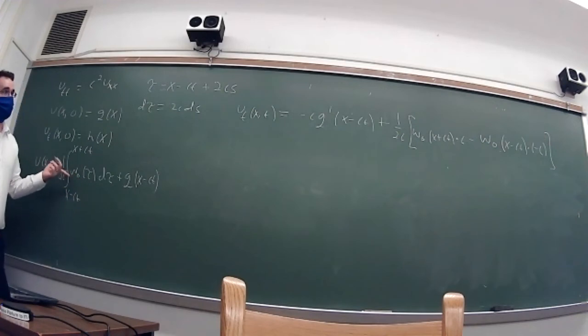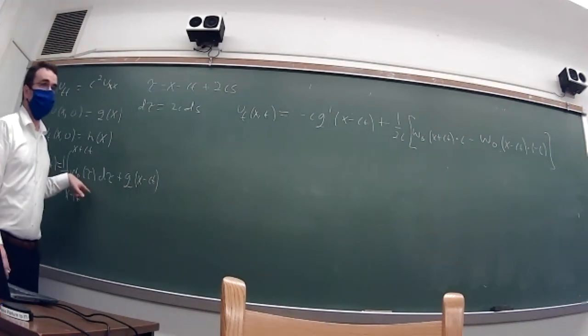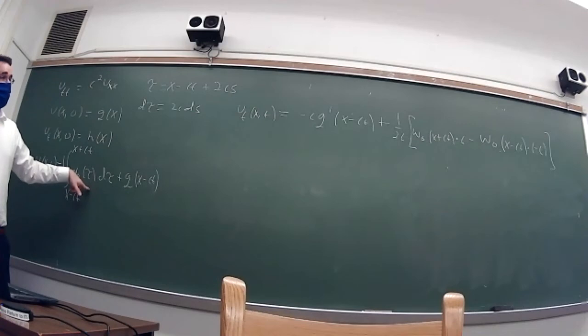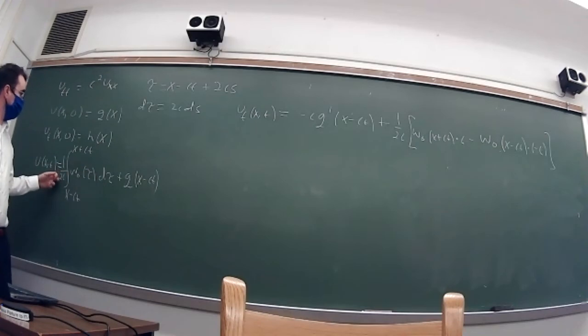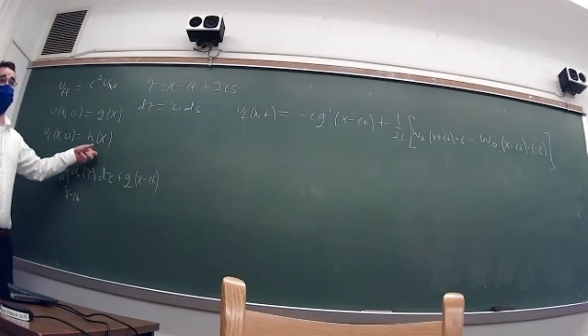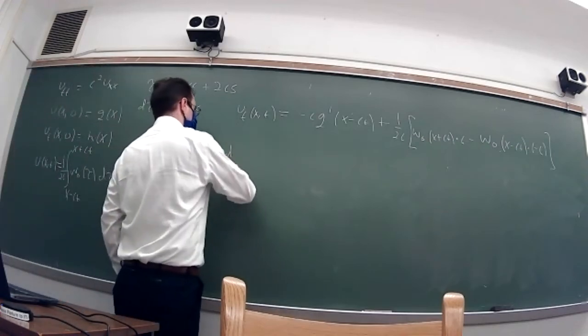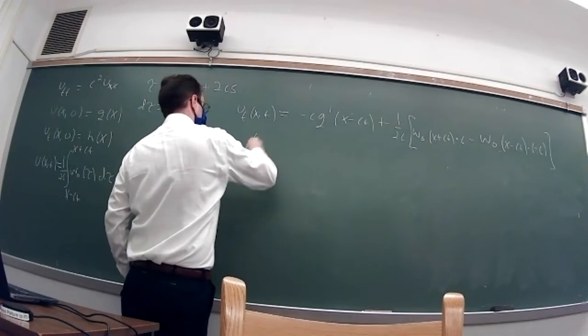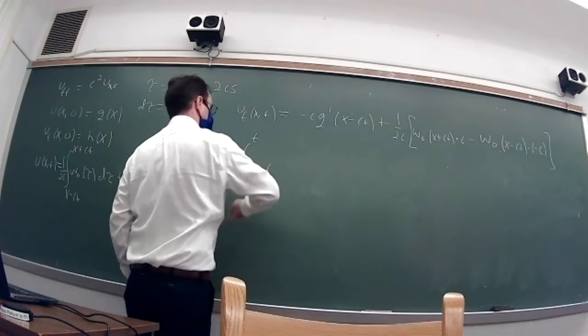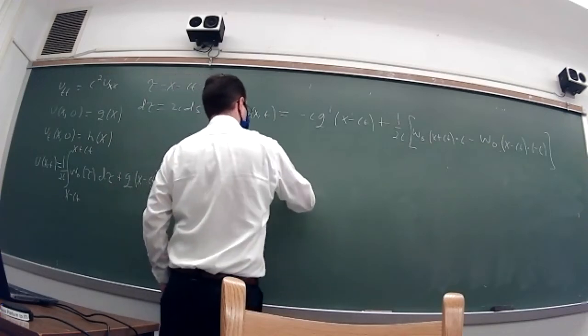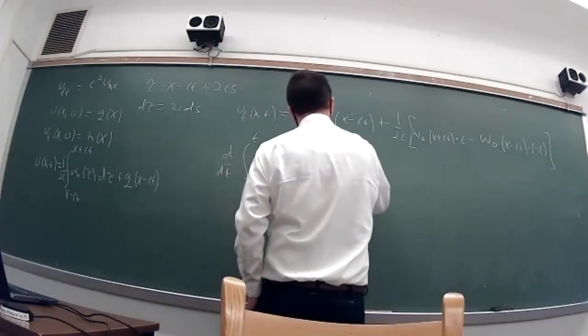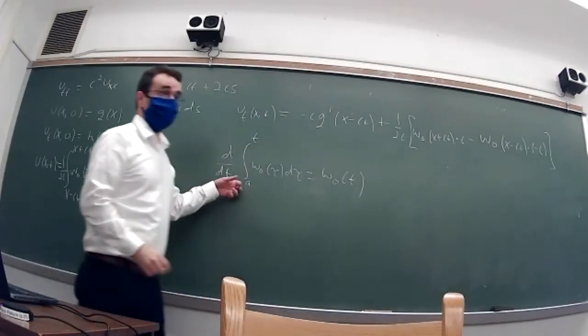The question was, does it not matter that this integral was with respect to tau? The answer is it does matter, but we're doing everything correctly. This is the dummy variable of integration, and we're taking the derivative with respect to the bounds. So I'll remind you that this is the fundamental theorem of calculus.